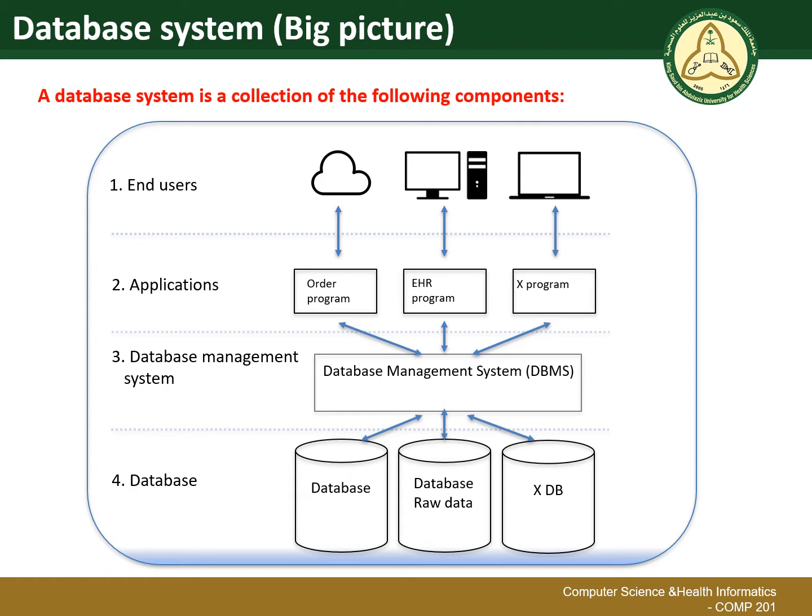They need a database management system to do that. And then finally, on the bottom, we can see the database itself, and this is where the raw data will be stored in separate tables.